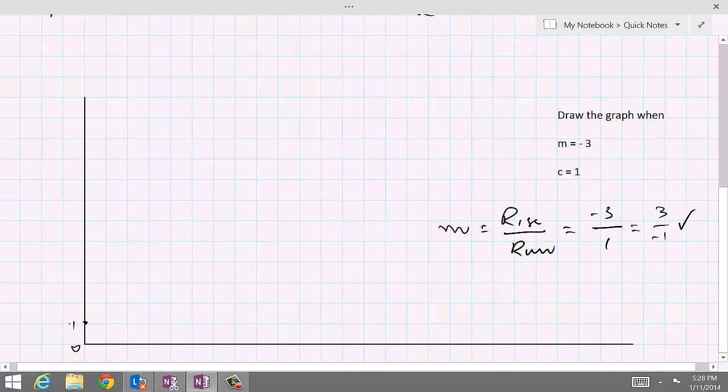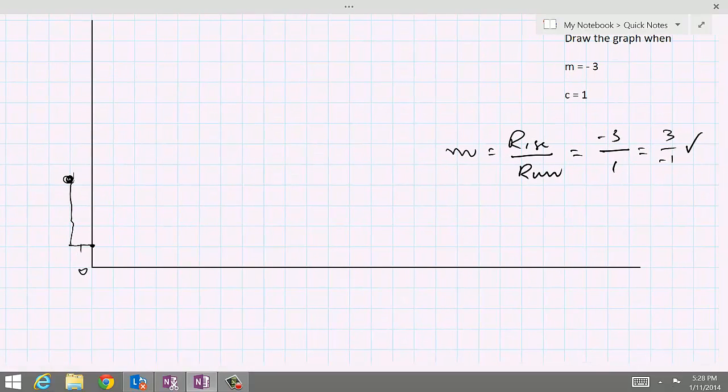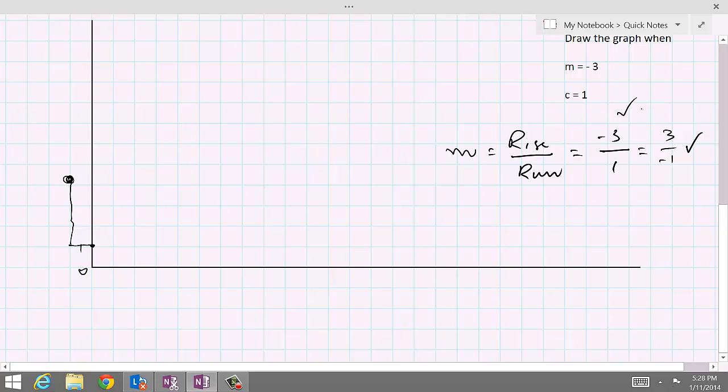So we go left 1 unit here, and then 3 units up. That would be 1, 2 and 3. We reach here, and then we join these 2 points and draw the straight line. But let's take a look at this case as well. If the run were positive, it would go this way 1 unit, and 3 units, instead of going up, it would go down.